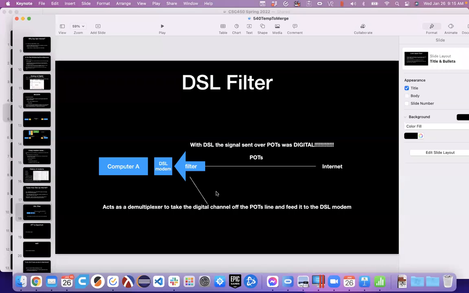But we know DSL still exists today. If you're in this area and you buy your internet from AT&T, unless you're in downtown Milwaukee, which has fiber for gigabit internet, the majority of AT&T's internet service up here is DSL.